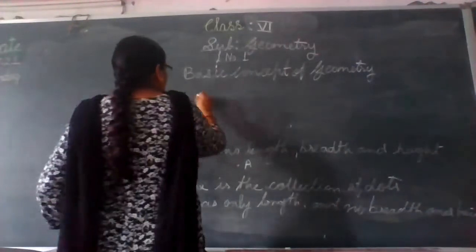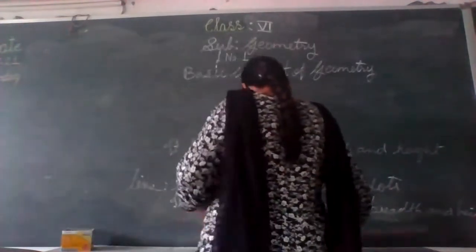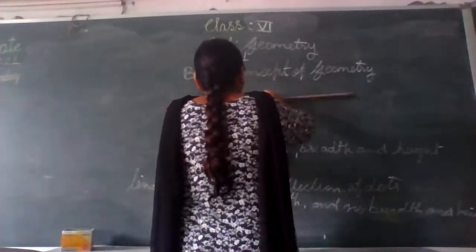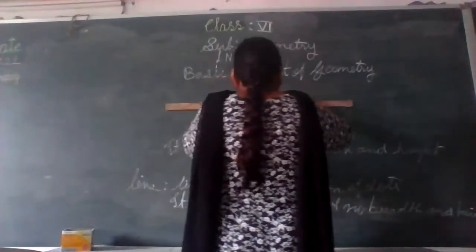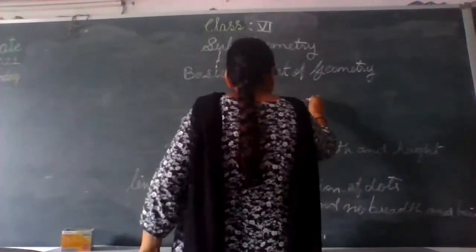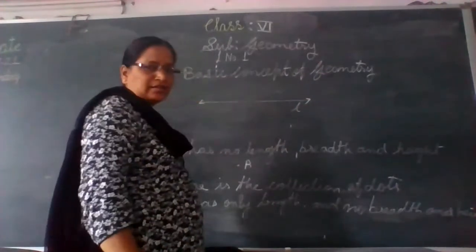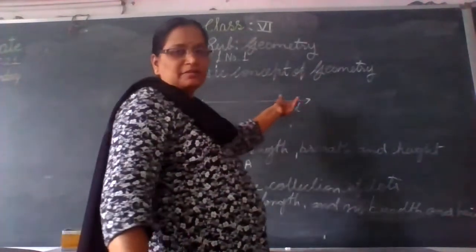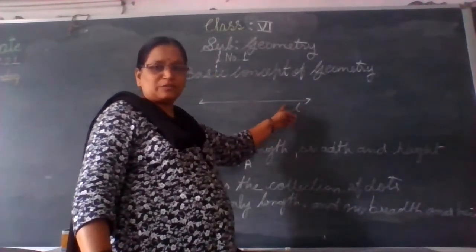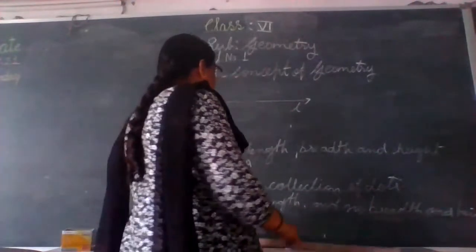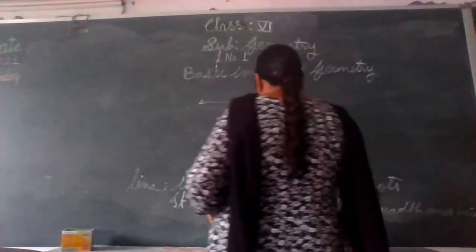See, beta. And we will draw this line with the help of a ruler. It is line l. So when we denote the line by a single letter, you have to write a small letter. Suppose it is line l. Okay, and you can denote a line by 2 letters also.